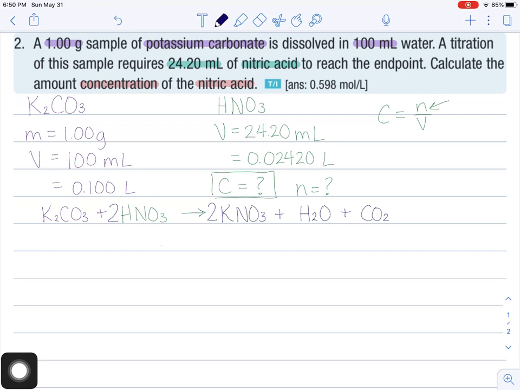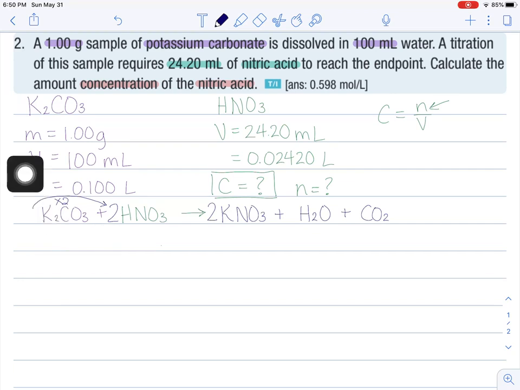So what my balanced equation tells me is that for every 1 mole of potassium carbonate, I need 2 times as many moles of nitric acid. So in order to figure out how many moles of nitric acid I need, I need to figure out how many moles of potassium carbonate I have over here, and then double that.